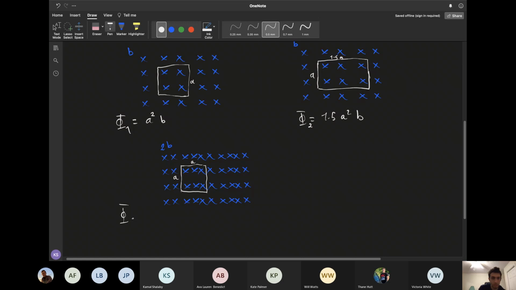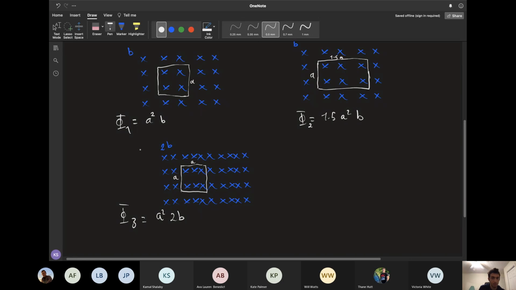What would your flux be? It's actually just A squared, so it's just going to be A squared times 2B.